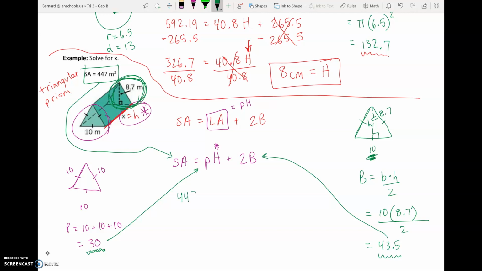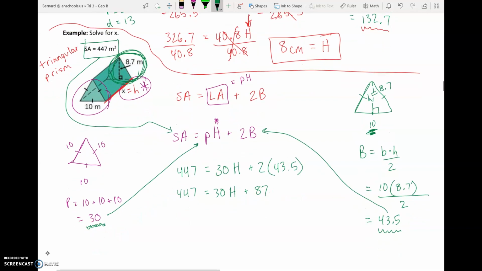So 447 equals P, which is 30, times H still, plus 2 times 43.5, which is B. Now, let's solve that by doing the same thing as before. 447 still equals 30H, but 2 times 43.5 is going to be 87.